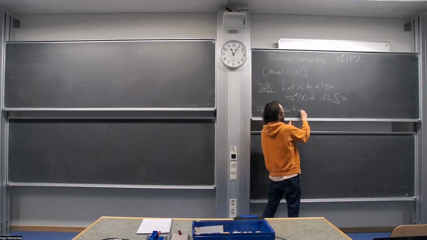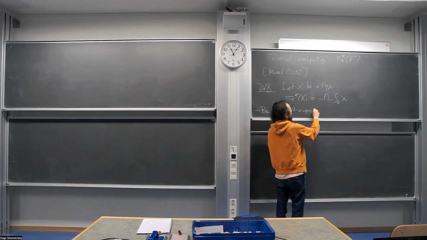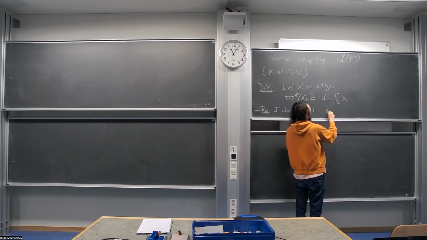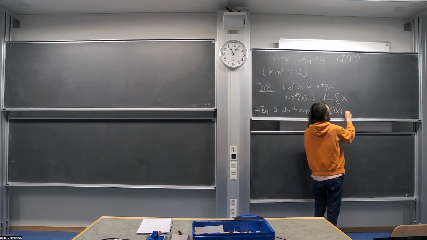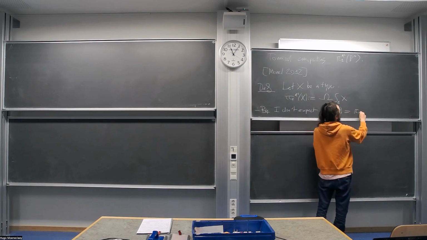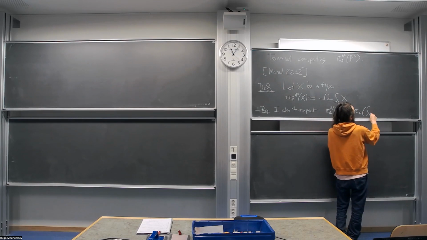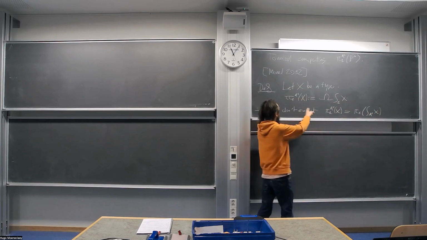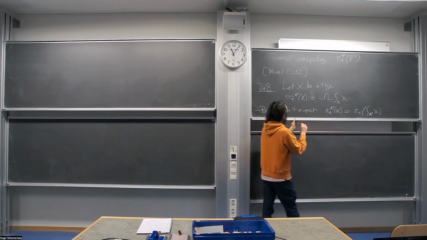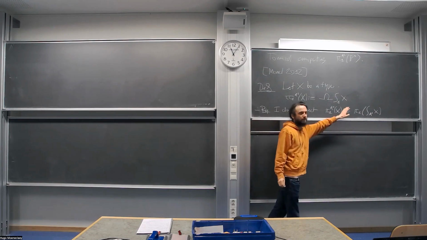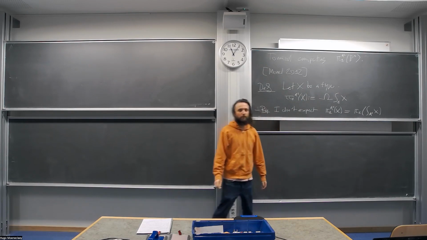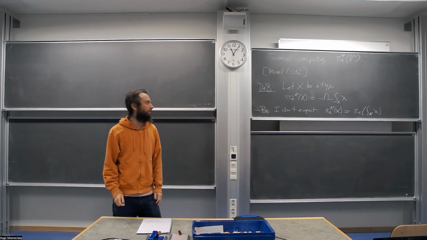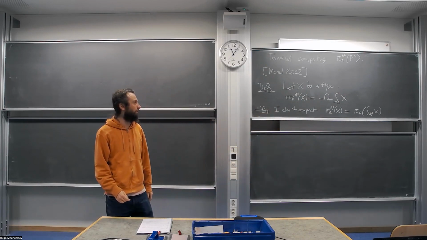And the remark is, I don't expect that π1 A1 of X is equal to π1 of the A1 localization of X. I don't expect this to be provable, although I don't expect it to be refutable either.